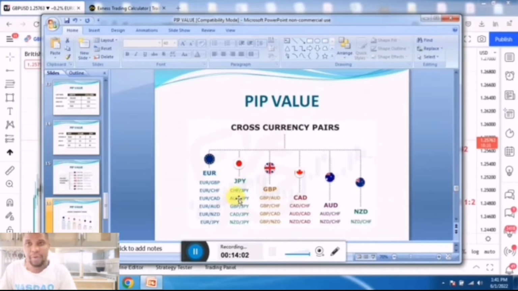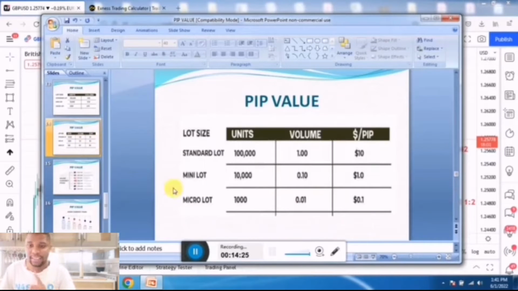CHF JPY is a cross currency pair because there is no dollar quote currency. GBP AUD is a cross currency pair because it's the GBP and the Australian dollar. So there's no dollar currency there. So you cannot calculate it like this when you buy 100,000 units of it, which is a standard lot.